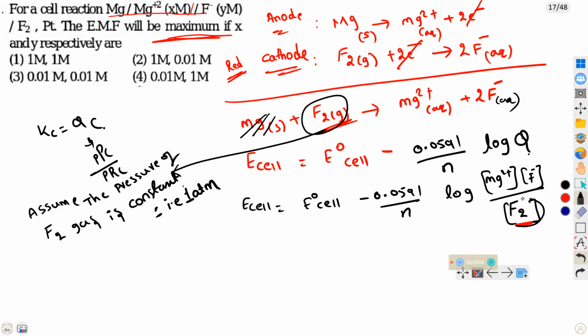So with F2 value as 1 atmosphere, Q is equal to log of Mg2+ into F-.